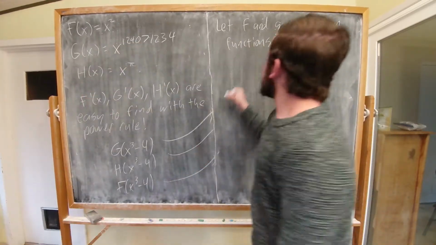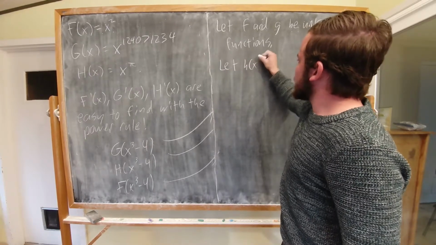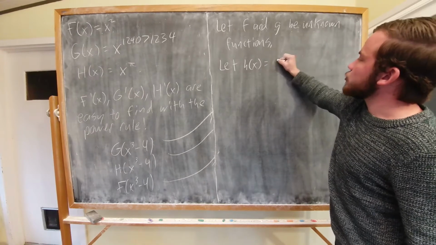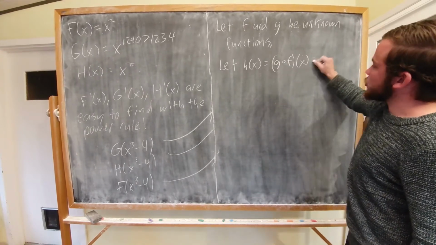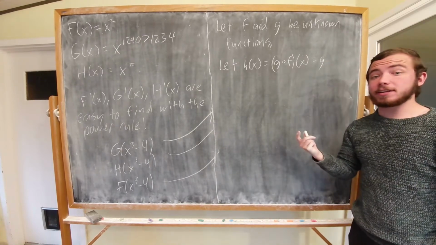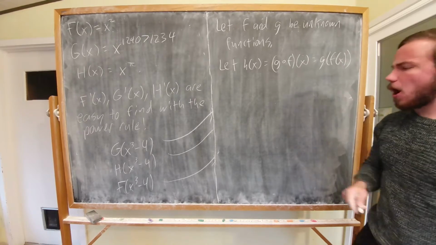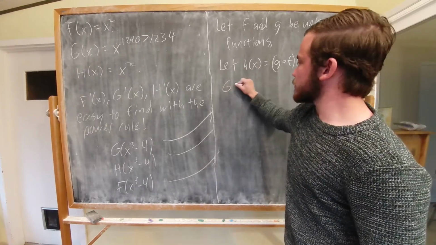Okay? Let's let h of x equal g of f of x, which by the definition of composition is g of f of x. Our goal is to find h prime of x.